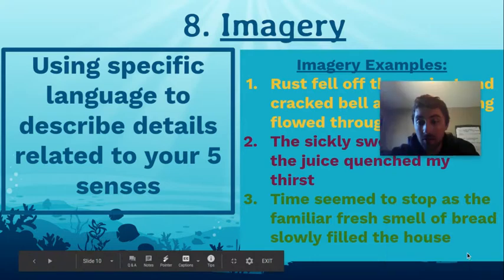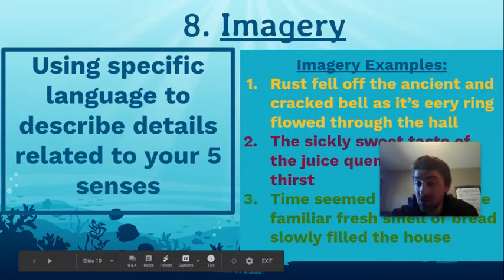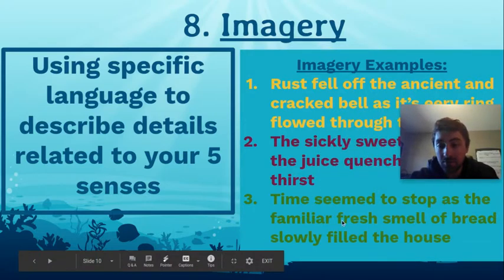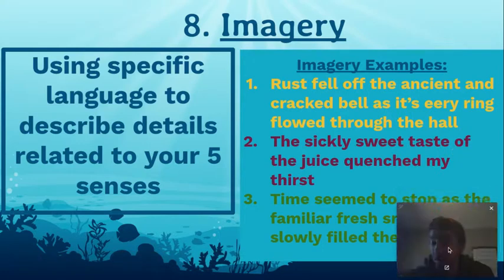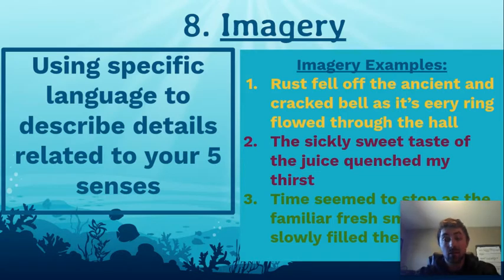Or time seemed to stop as the familiar fresh smell of bread slowly filled the house. Even here, that's a little bit of alliteration, thank you. Time seemed to stop, okay? And those are all describing different senses that you have to bring the reader into your story.